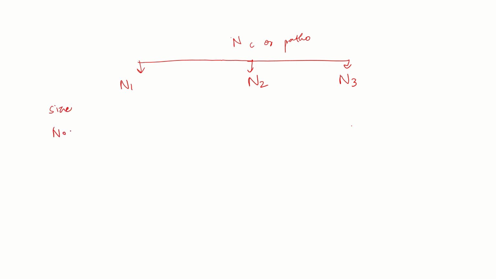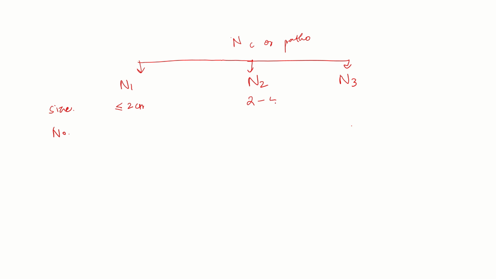Then moving on to the N staging, this can also be either clinical or pathological. There isn't much difference between the two. It is divided into N1, N2 and N3, based on the size and number. Based on the size, if the lymph nodal mass is less than or equal to 2 centimeters, it is N1.